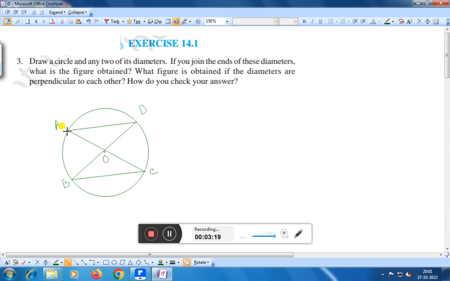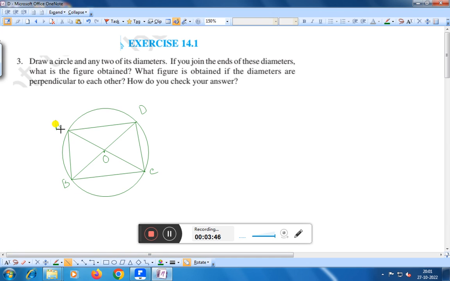And A with point B, right? And D with point C, right? Here we have obtained the figure.